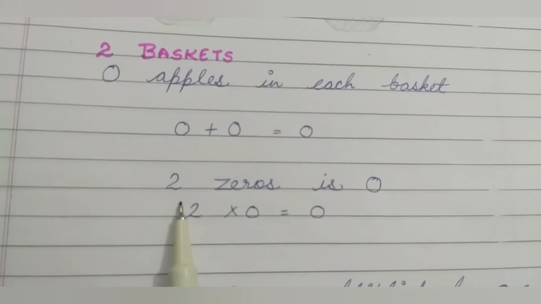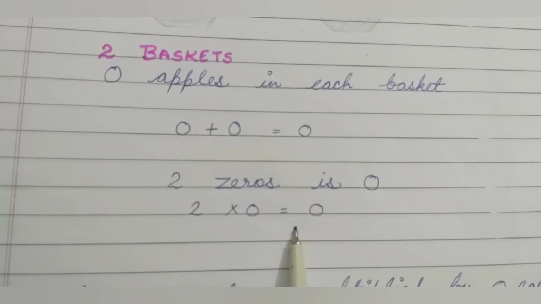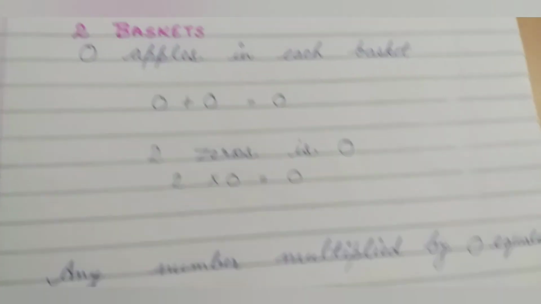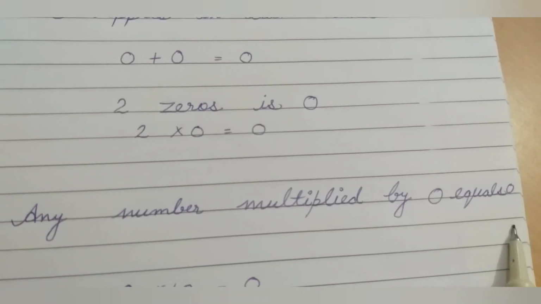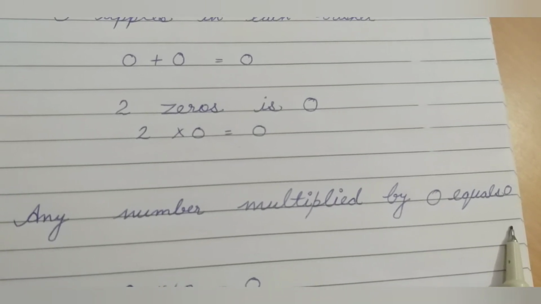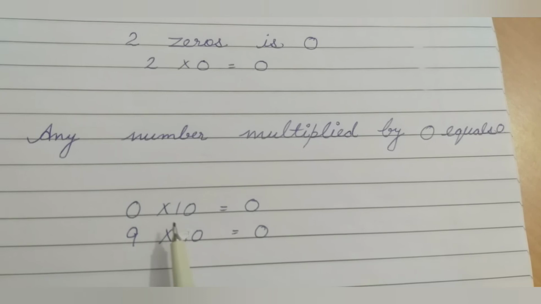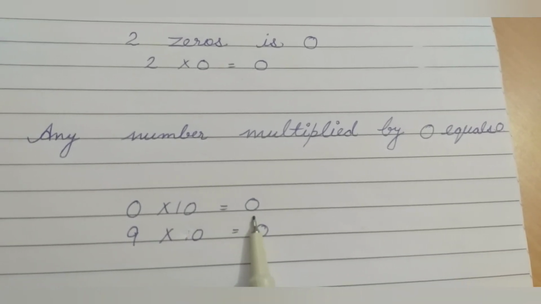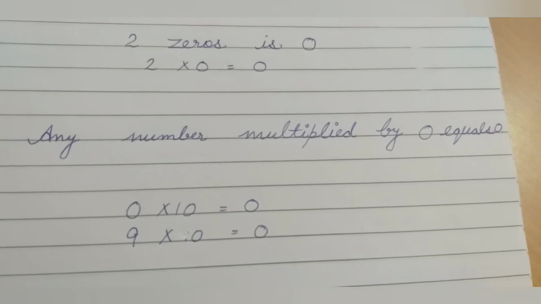So 2 zeros is 0. Any number multiplied by 0 equals 0. So the answer will always be 0. Let's see some more examples. 0 tens are 0, 9 zeros are 0.